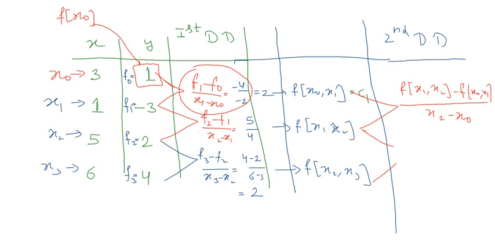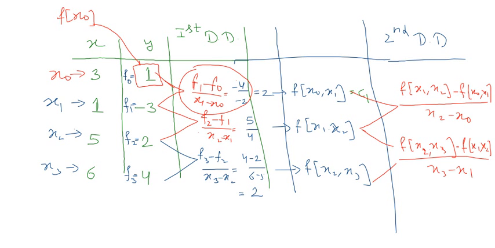minus f of x1 comma x2, divided by x3 minus x1.